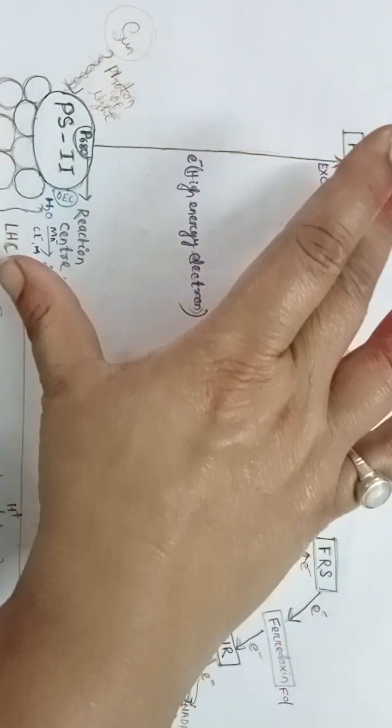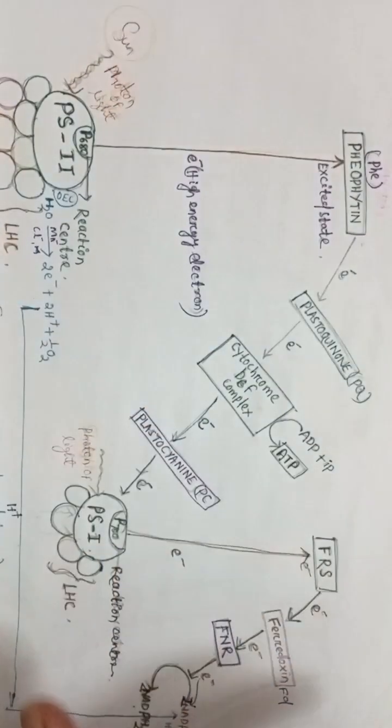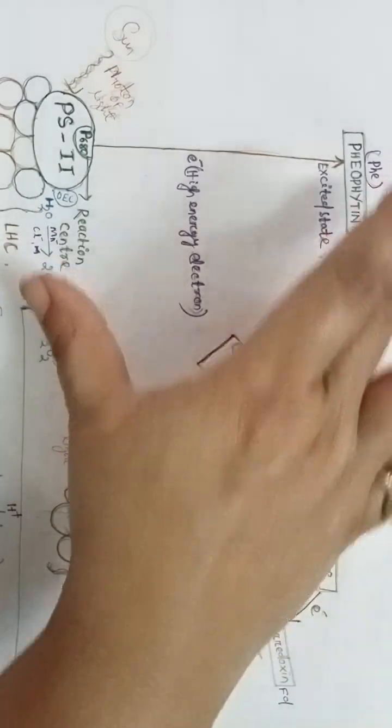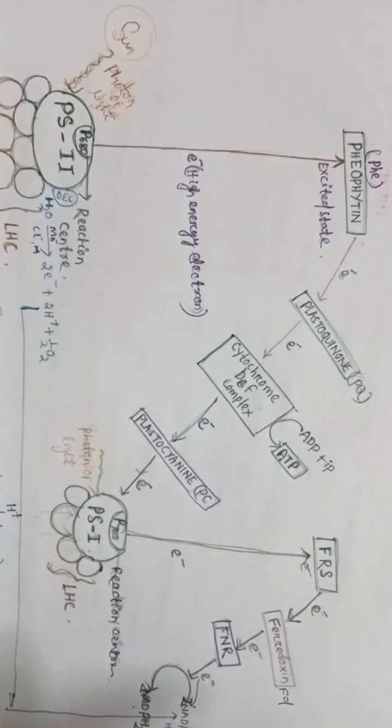So here we can see the flow of electron occurs in a non-cyclic pathway. Once it is released, it is utilized for its respective purpose. They cannot be returned back to their original place.